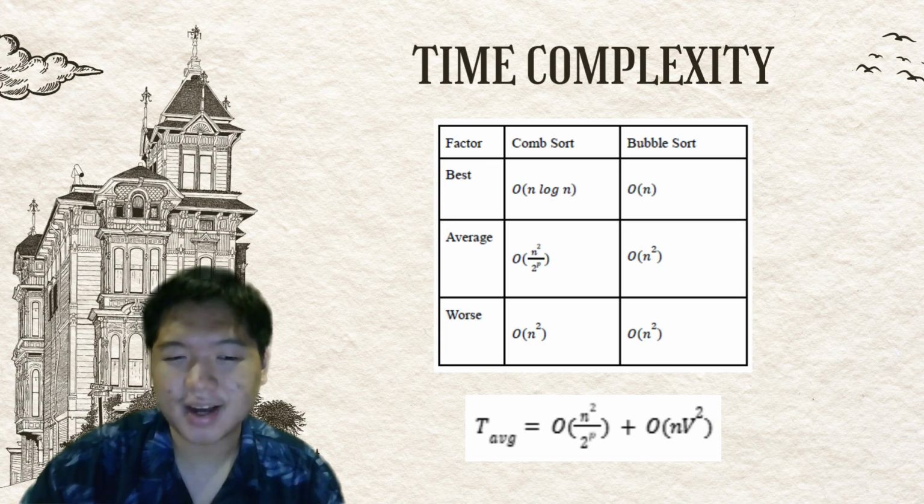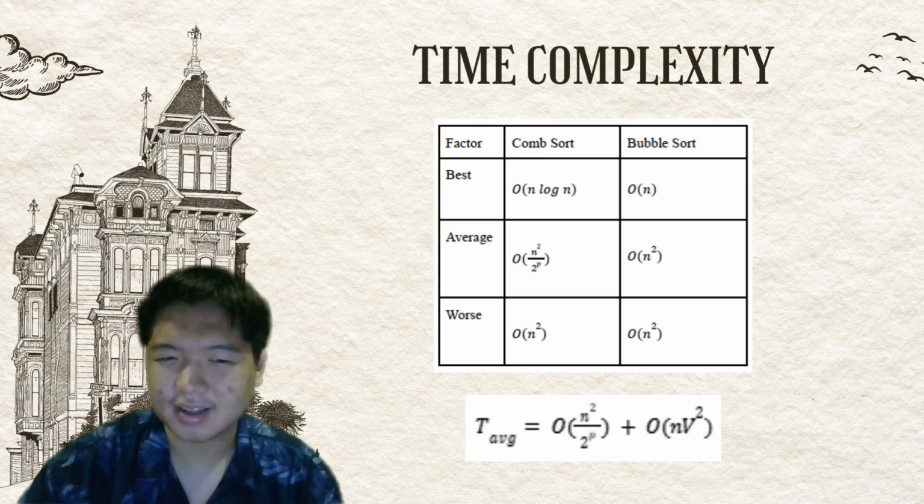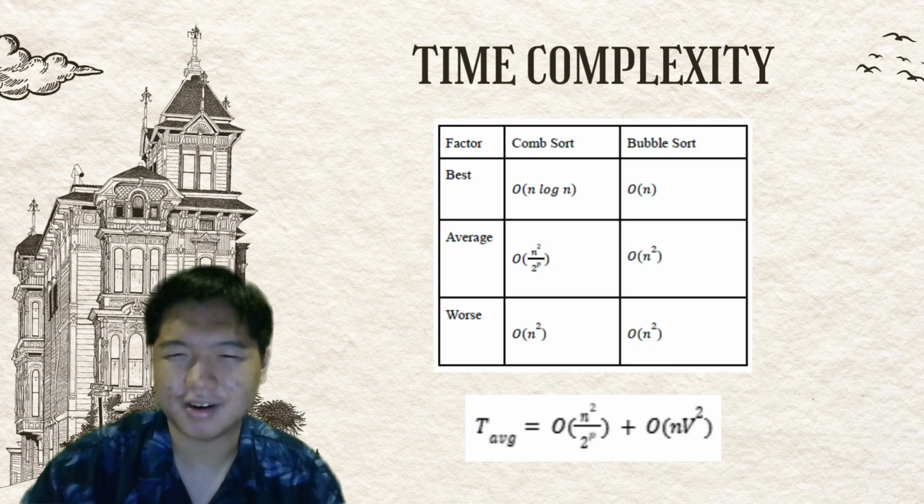Understanding this portion of the process, we can say that it will cause an initial big O of n times V squared, which is then followed by comb sort that will set these tasks in proper order.